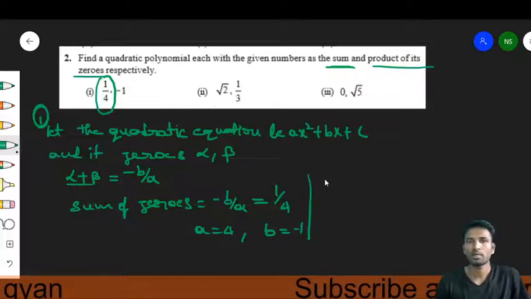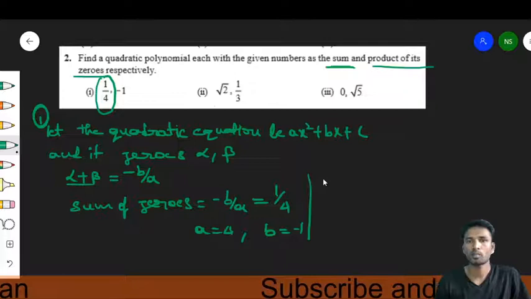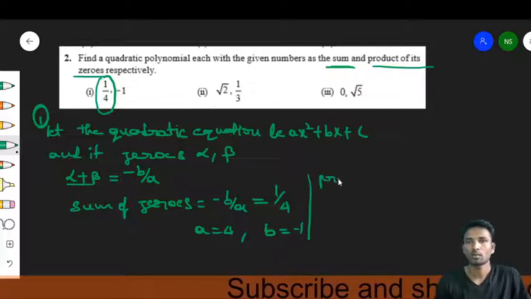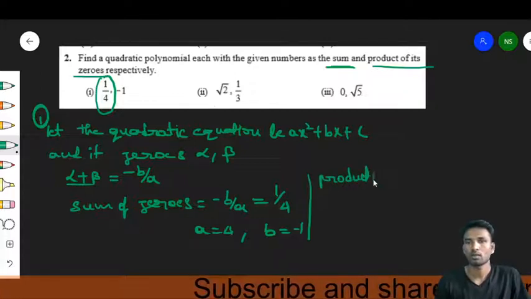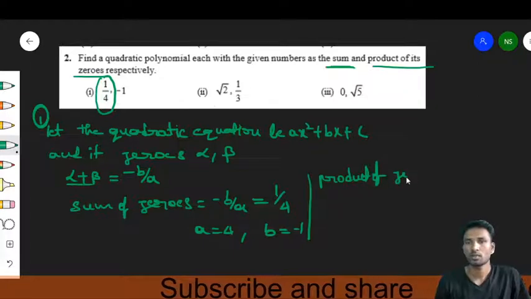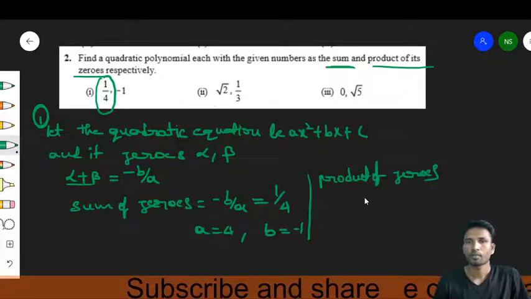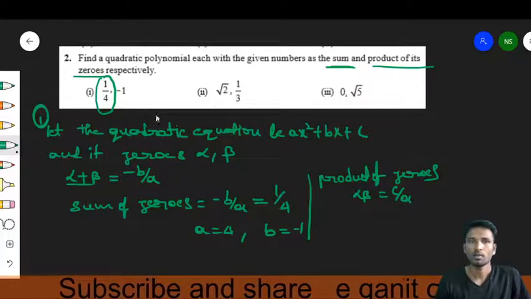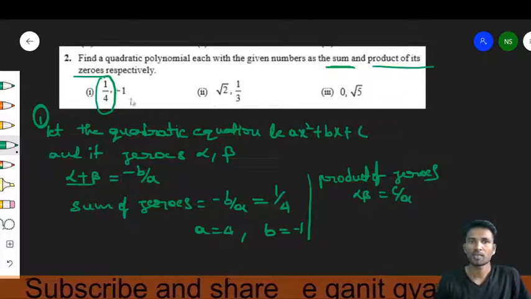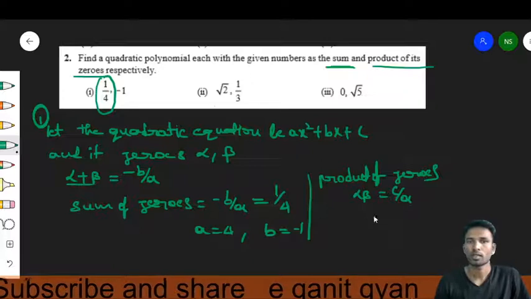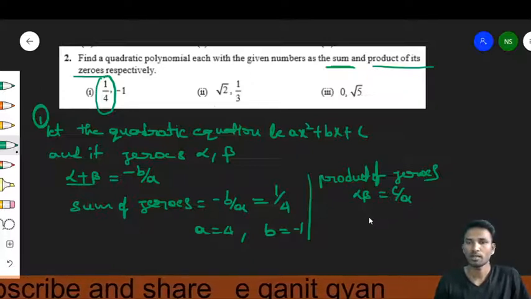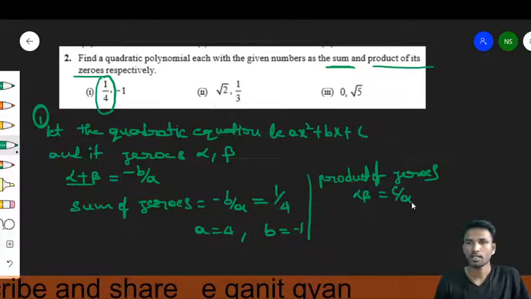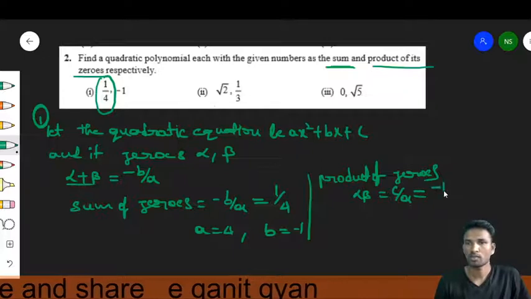By using the same technique I can write here product of zeros, alpha beta, which is c by a. Product of zeros they gave -1, so I can take here which is equal to -1.